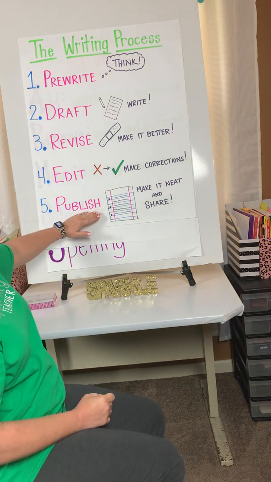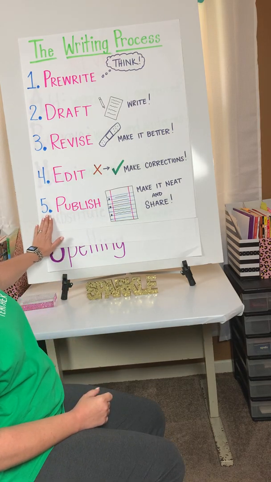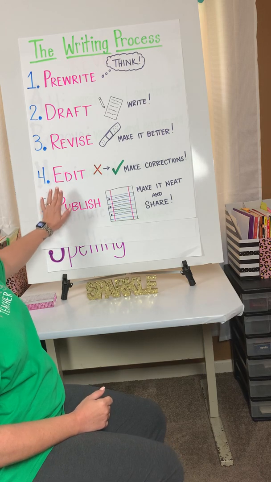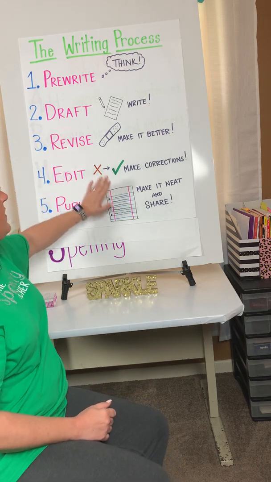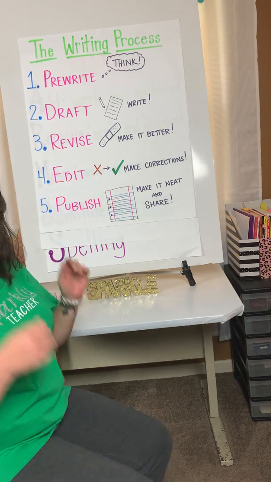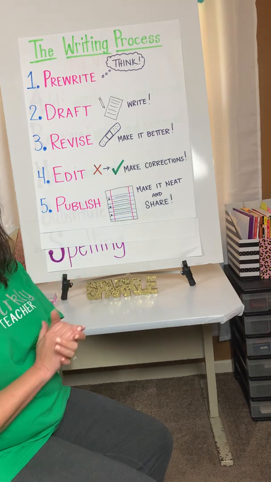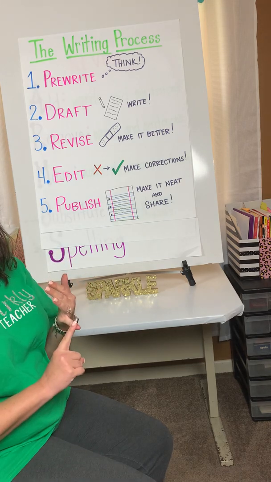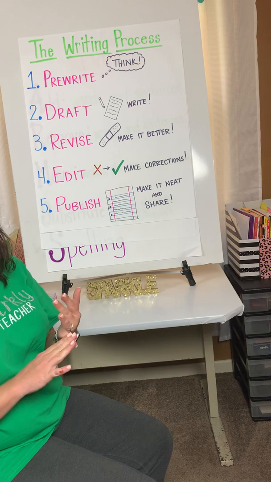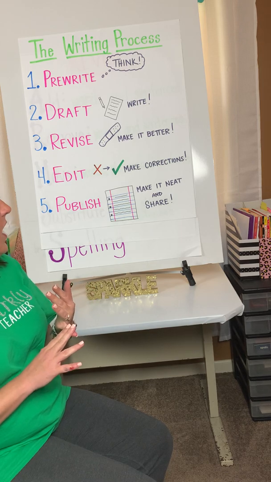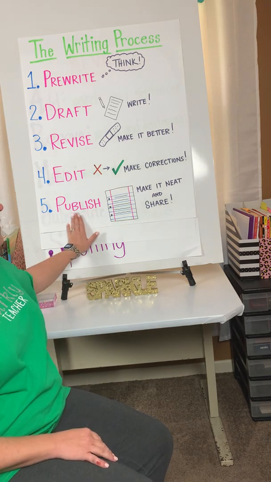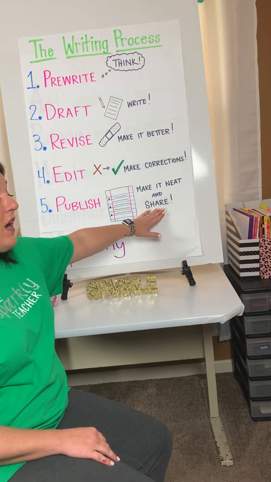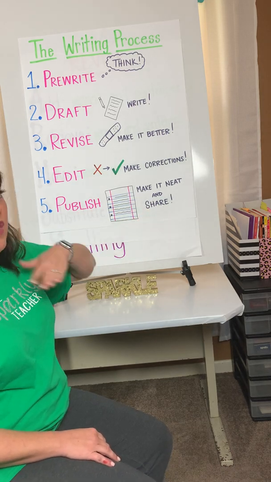And then on your publish part, that is step number 5 in the writing process, you have made all of these corrections and you are ready to make a perfect copy. You want this copy to be neat. You want everything to be grammatically correct. And also another part of the publishing part is to share. Now you can share that orally.